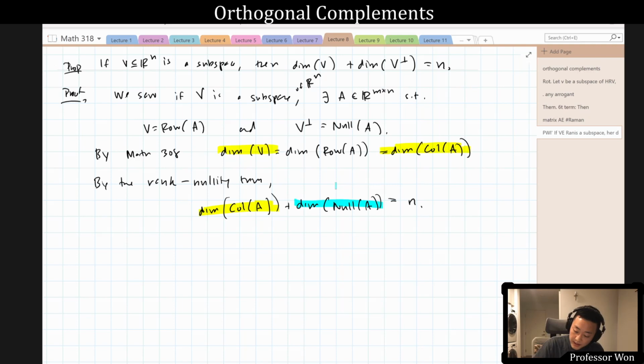And this quantity is just the dimension of V perp, which equals the dimension of the null space of A. Hence, the dimension of V plus the dimension of its orthogonal complement is equal to n.